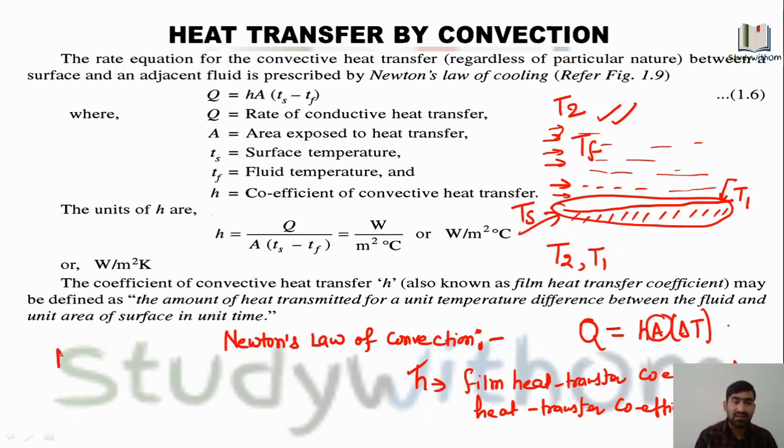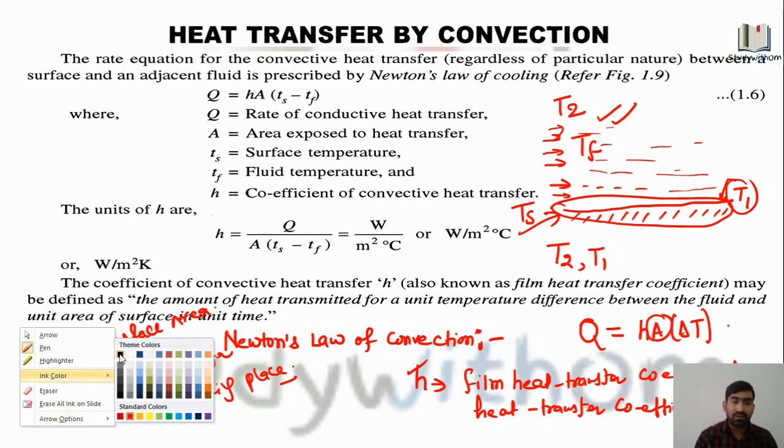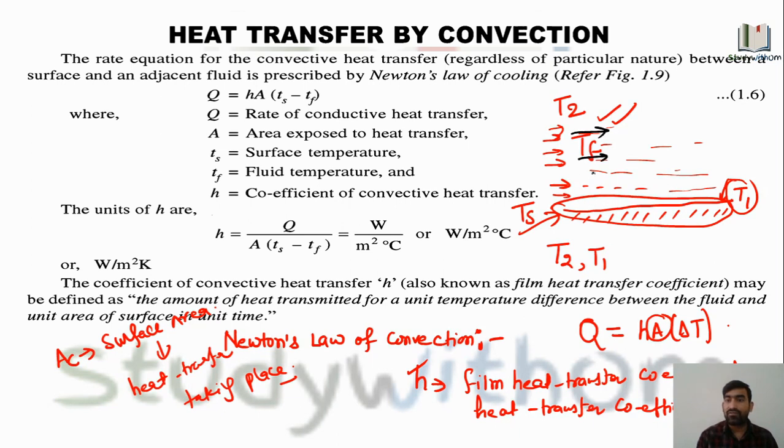This area is the surface area through which heat is exposed, or heat transfer is taking place. And delta T is the temperature difference between the surface and the fluid which is flowing past over it. Suppose this fluid is of temperature Tf, and the temperature of this wall is T1 or T surface.